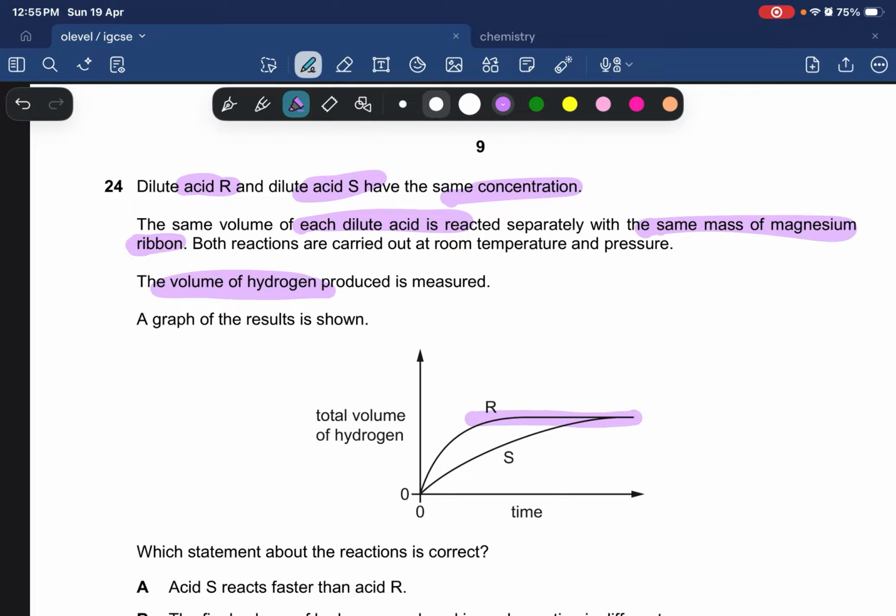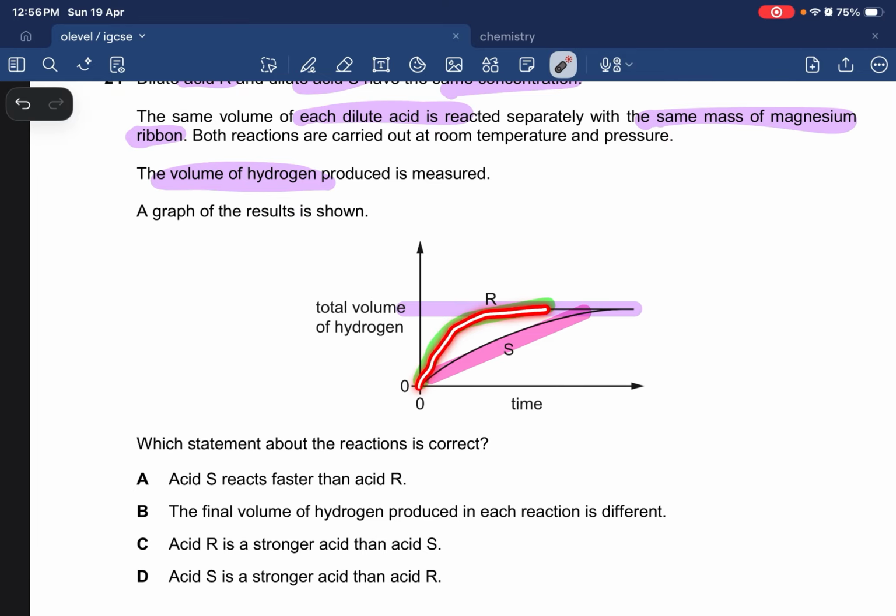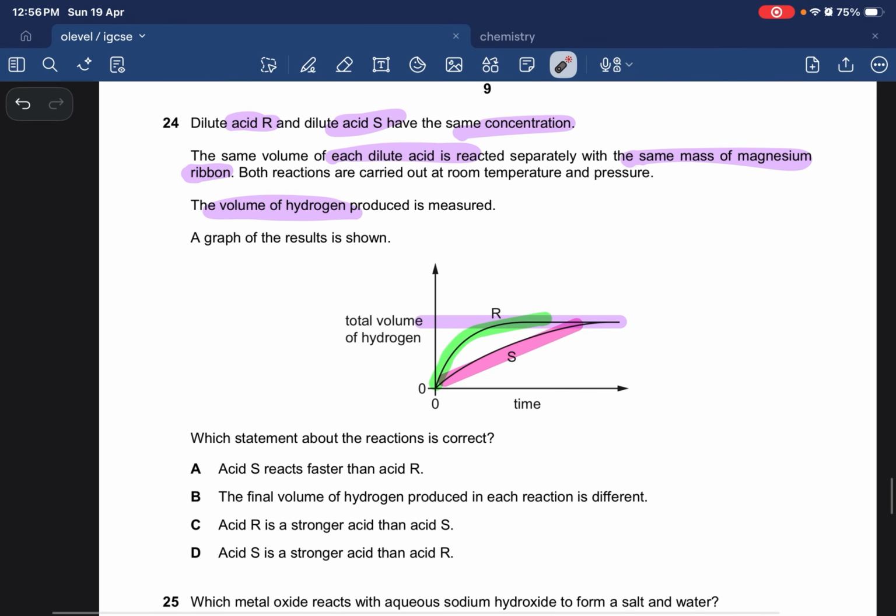This line is the volume of hydrogen. This one is a steeper gradient. This one is a less steep gradient. That means this reaction happens faster, this reaction happens slower, but the concentration is the same. So the amount of hydrogen being produced over here is the same for both reactions.